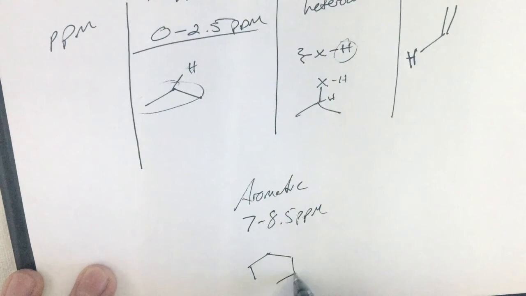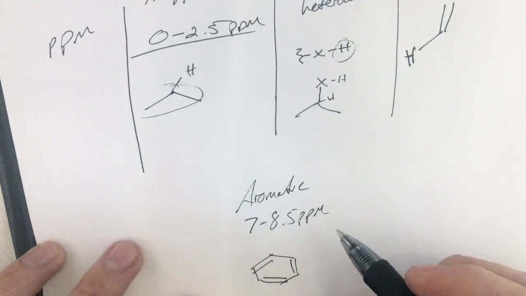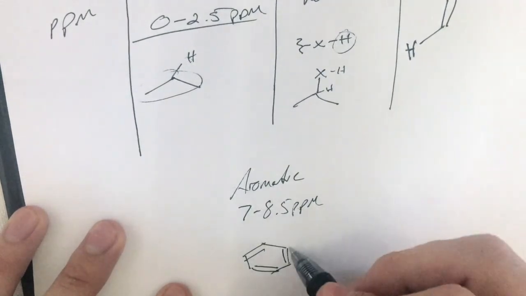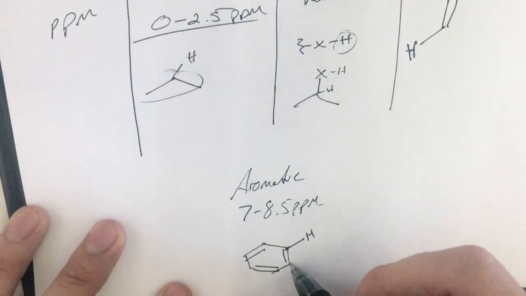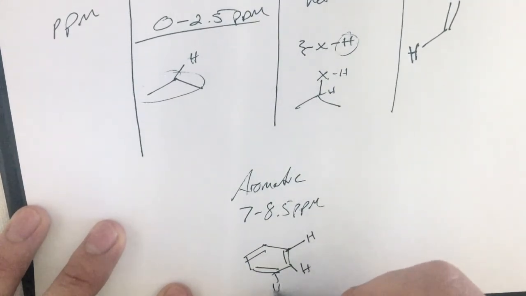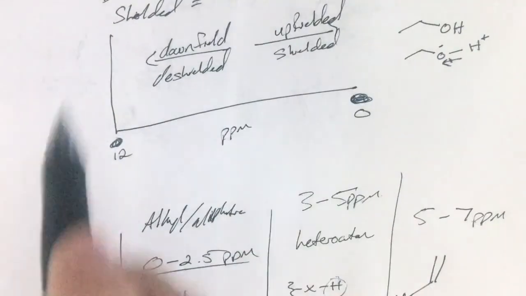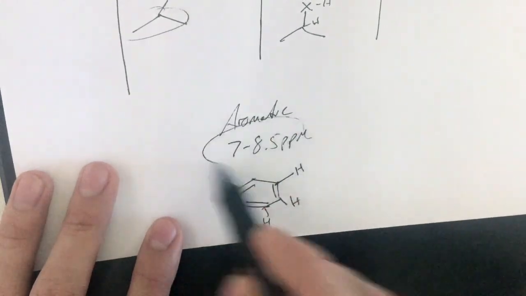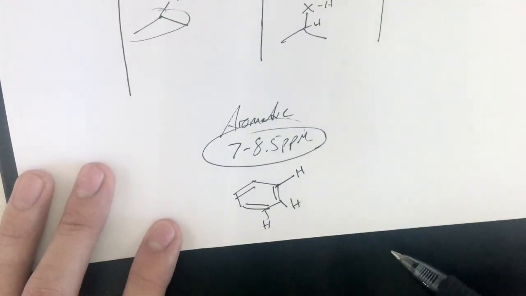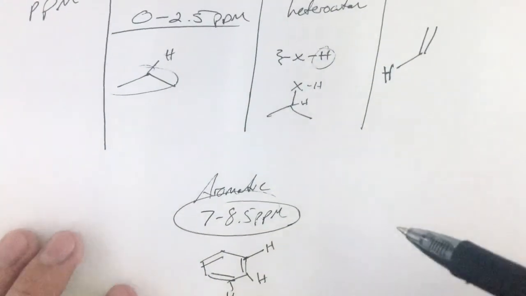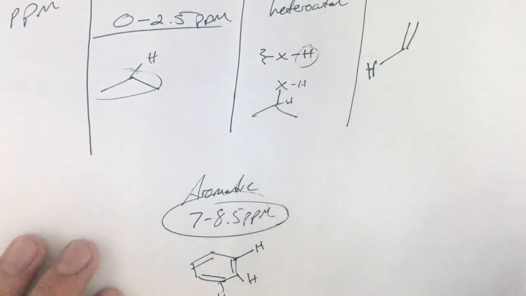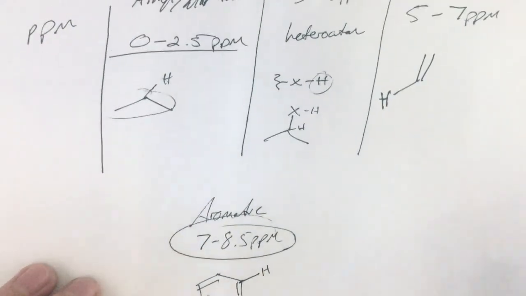So if you have a benzene ring, you don't have to worry about what's aromatic and what's not. Just if you have a benzene ring, these hydrogens coming off of it are going to show up on this graph in this range. Okay? And that's really the extent of what you're going to have to know for chemical shift.